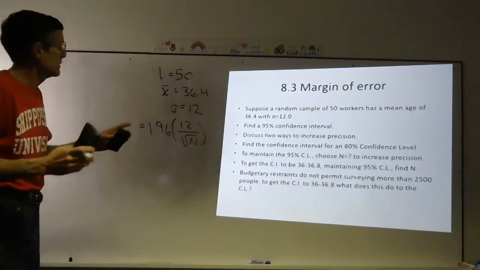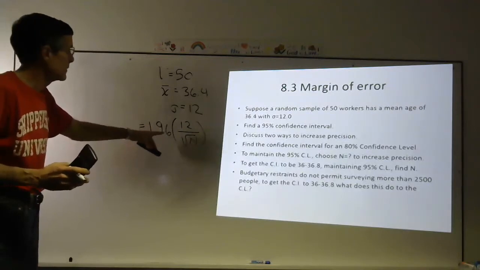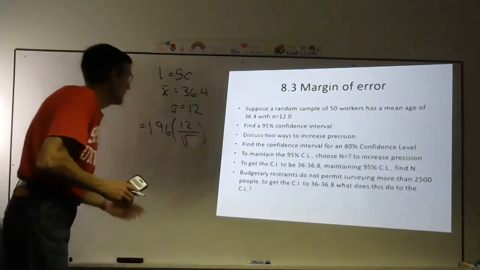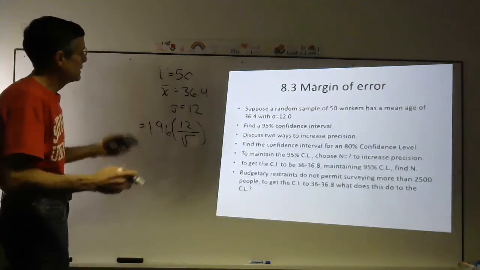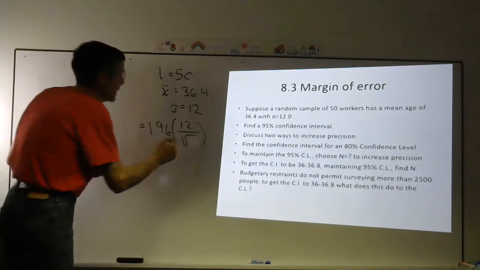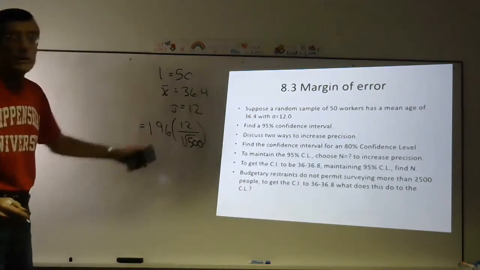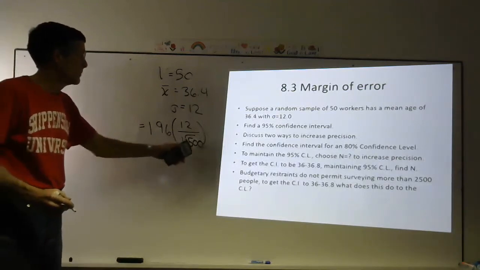All right, we want to keep 95% confidence, which is this. We want to increase the n. All right, so instead of 50, let's make it, I don't care, let's make it 500. Okay, we'll keep 95% confidence, but we're going to increase precision.